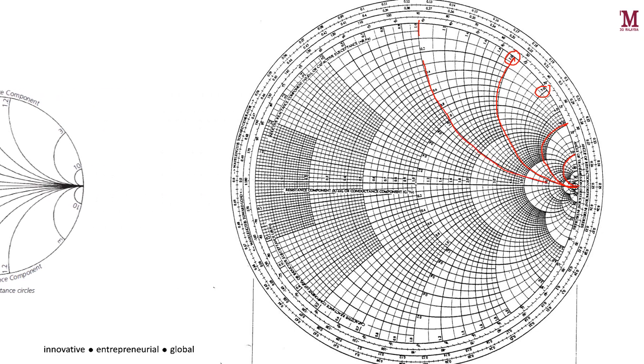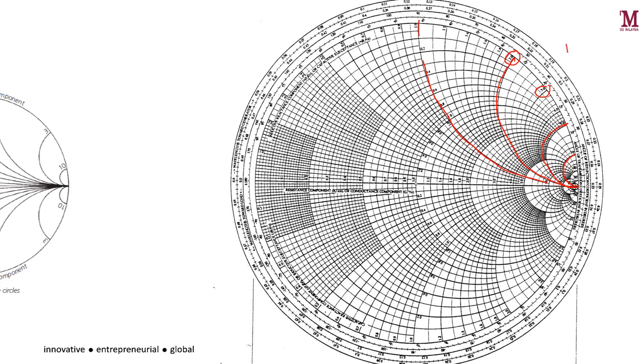On top it represents the positive jX, while at the bottom it represents the negative jX. For example, here is 2.0, so it's positive j2. At the bottom here is negative j2.